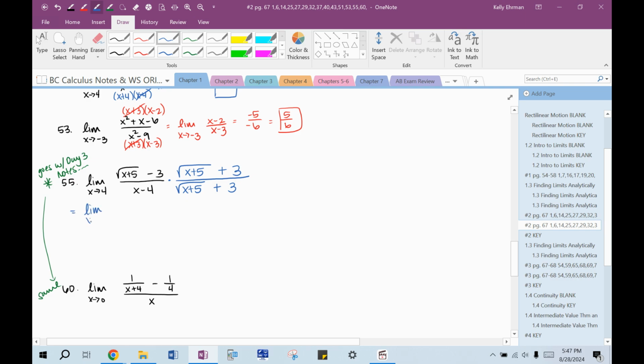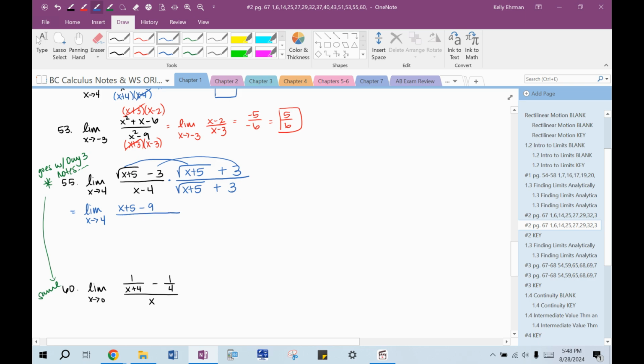So let's look at what we get when we multiply the conjugates together. We should remember when we multiply conjugates, we just have to multiply the first term and the last term together because the inside-outside parts cancel. So radical x plus 5 times itself is x plus 5. Negative 3 times 3 is minus 9.